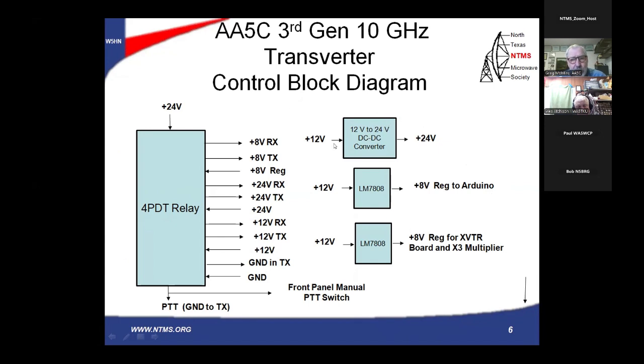I included a 12 to 24 volt DC to DC converter, and then separate LM7808s for the Arduino, the transverter board and the times 3 multiplier. And I run the PTT to a front panel switch so I can ground it with that switch to do a manual transmit if I need to.